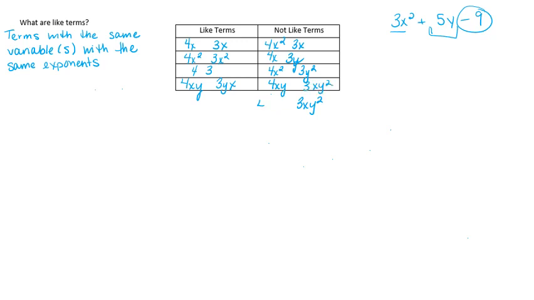All right, so we're going to talk about two different ways of simplifying. We're going to combine like terms, meaning to add our like terms. So for instance, all these like terms that we have here, we can add 4x and 3x would be 7x. If there was subtraction, we'd have 4x minus 3x, which would be 1x, or just x. So combine like terms.